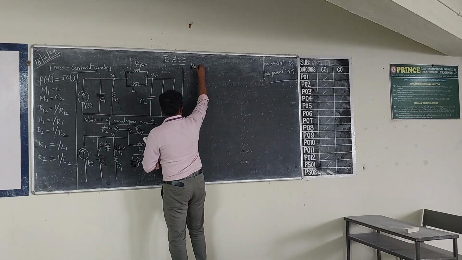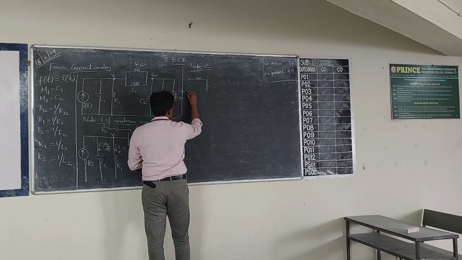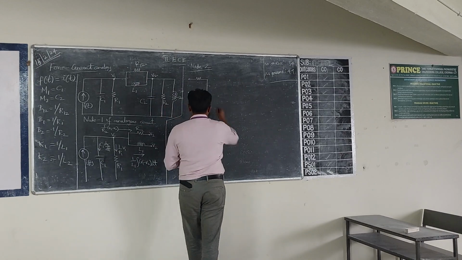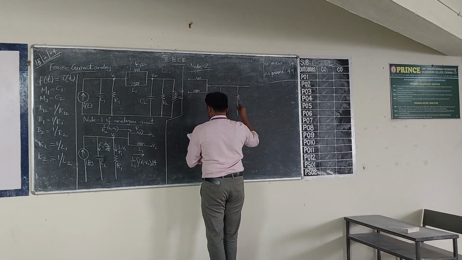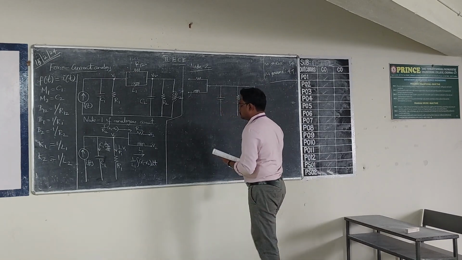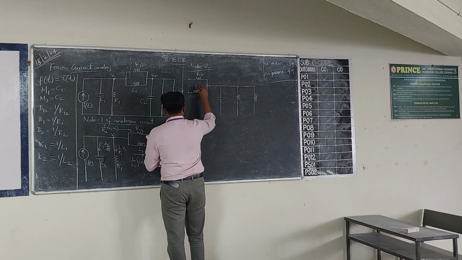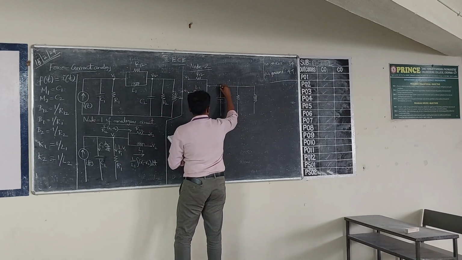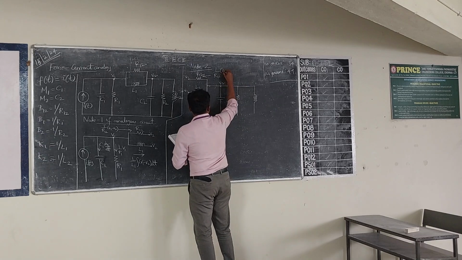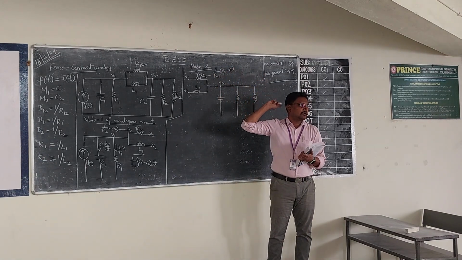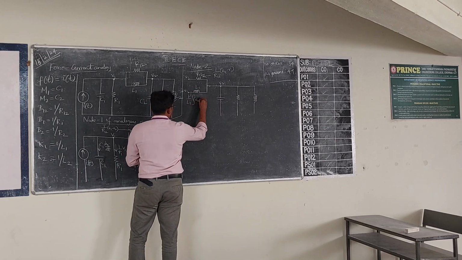You take the node 2 diagram. 1 by L1 integration of V2 minus V1 dt.